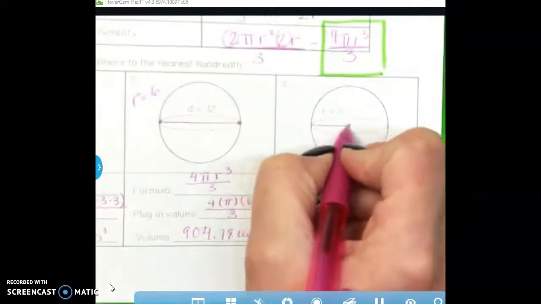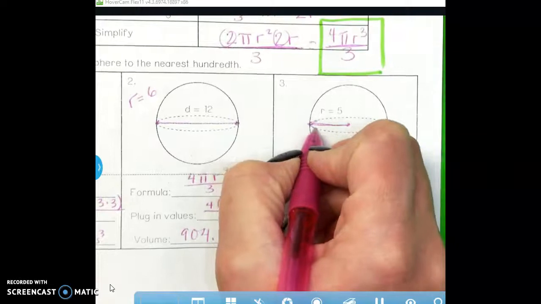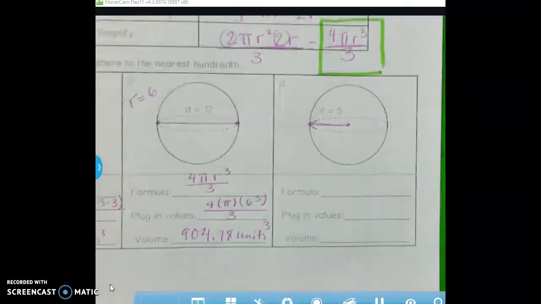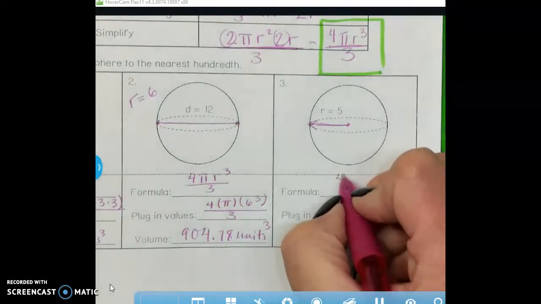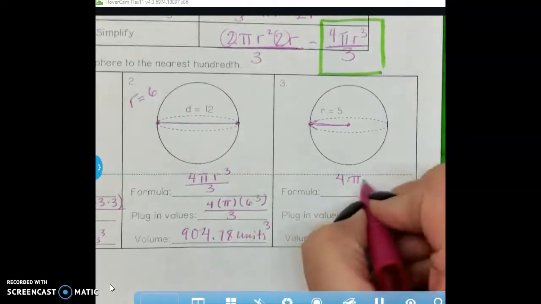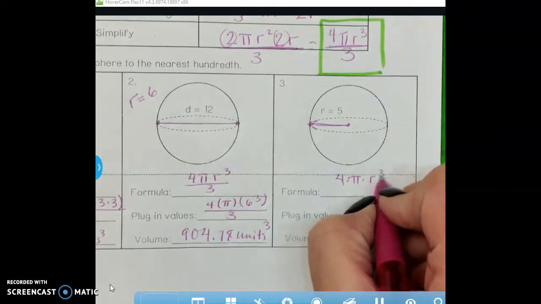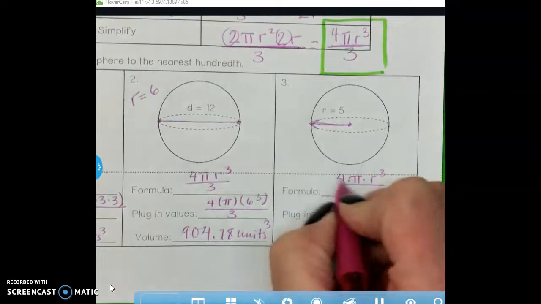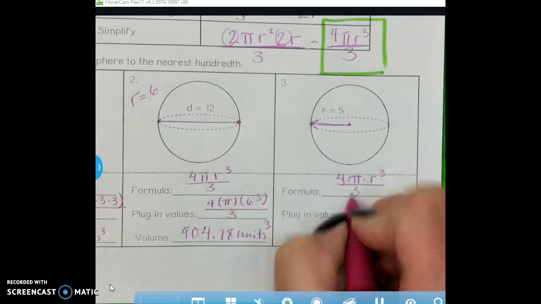There's only one measurement. I know it seems very crazy, but our formula actually has everything that we need. So 4 and pi, we know the pi, we know 4 is part of it. We're going to take radius to the third power, and then we're going to find this product, and then we're going to divide it by 3.